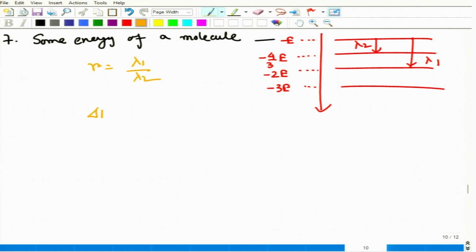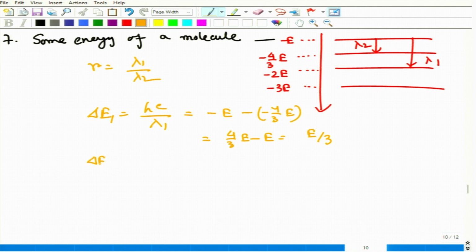How? That del E is, we know, hc by lambda. So del E1 should be hc by lambda 1. What is the energy gap? That is minus E minus minus 4 by 3 E. So it's actually 4 by 3 E minus E. Eventually it's E by 3.